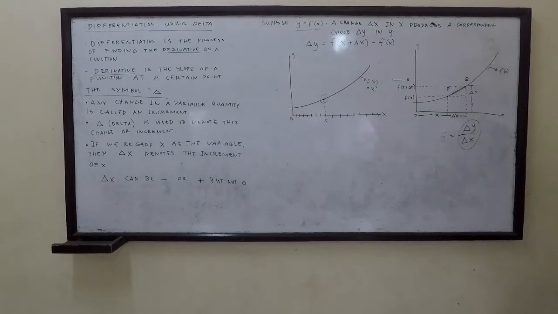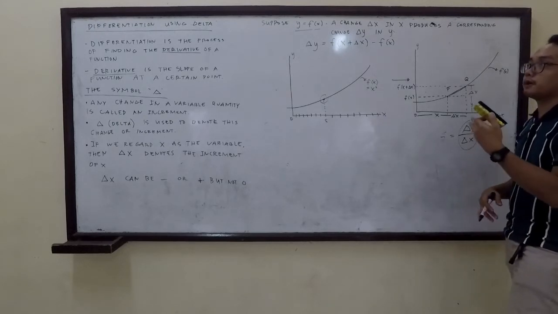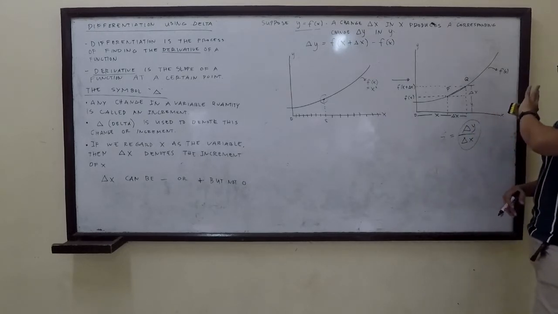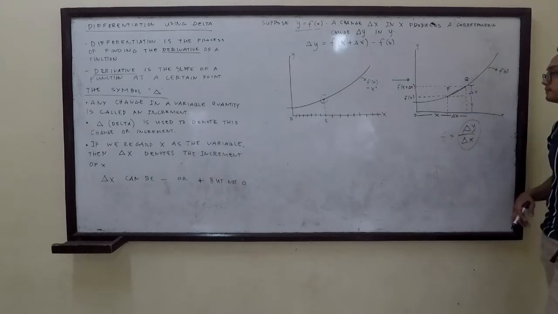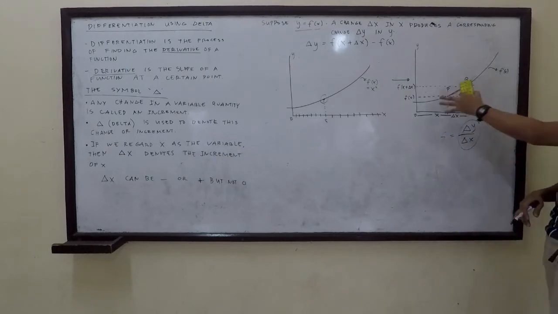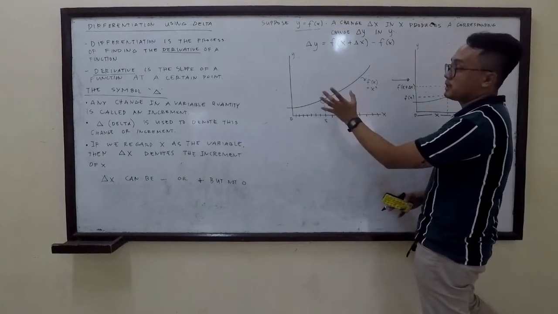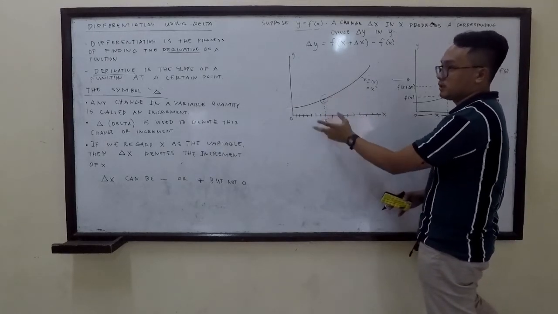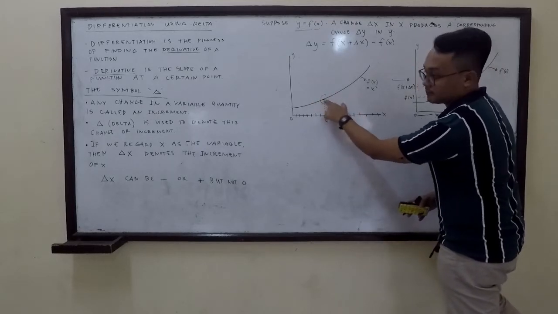Then next example, we're going to find the derivatives of some example functions. So I hope that this concept is understood. So once again, we're going to find the velocity in this case, at this particular point.